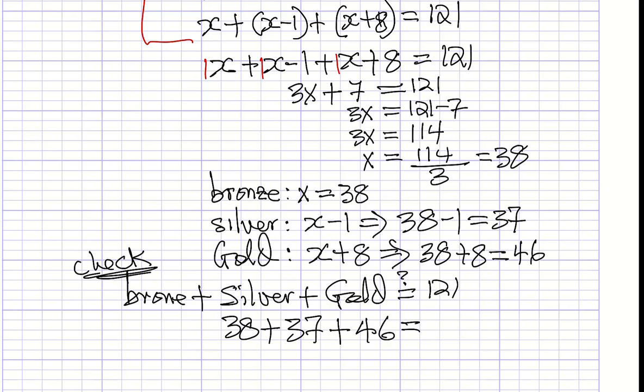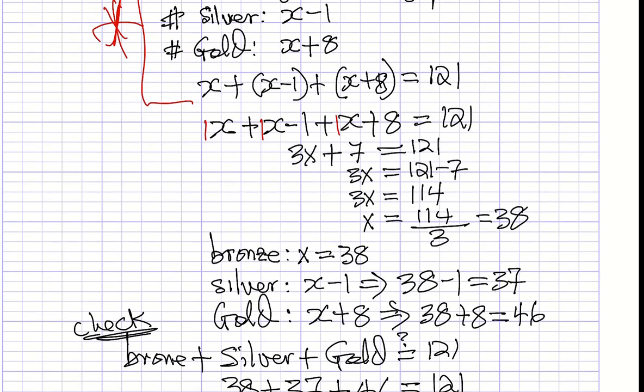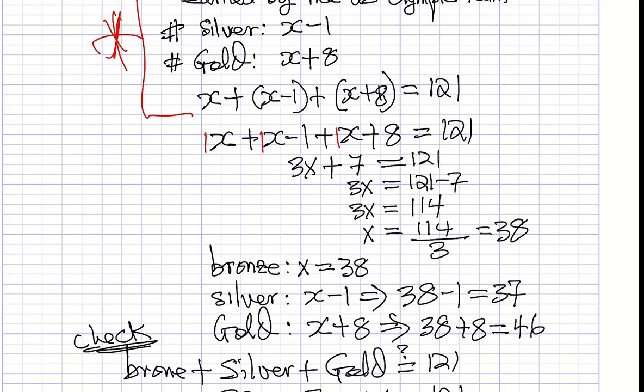If we made a mistake, we didn't solve the problem right, they can't add to 121. So if you add that, yes, it's 121. So we're done with that problem.